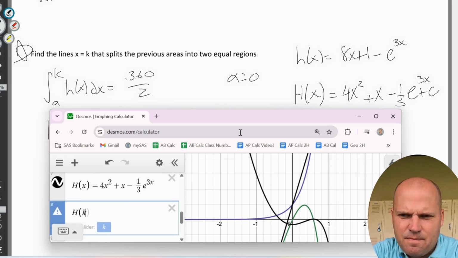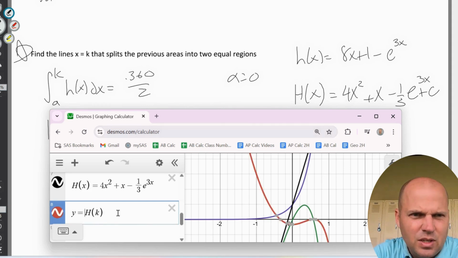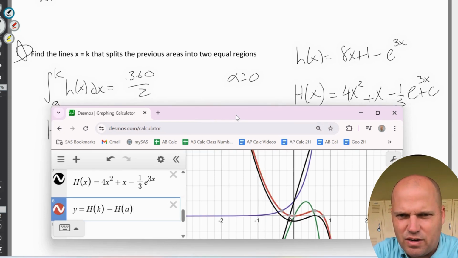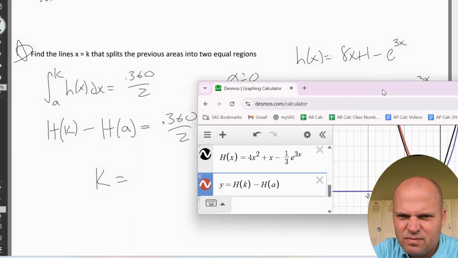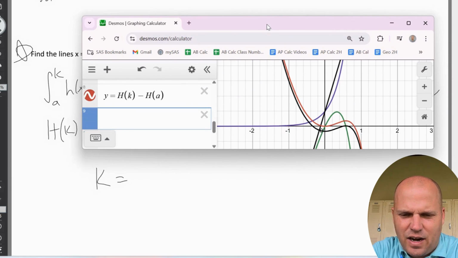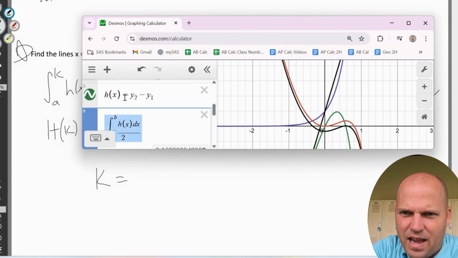Super H of k, y equals super H of k. Yep. Super H of k minus super H of a, which is 0, or whatever. Graph that. And graph y equals half of my area.